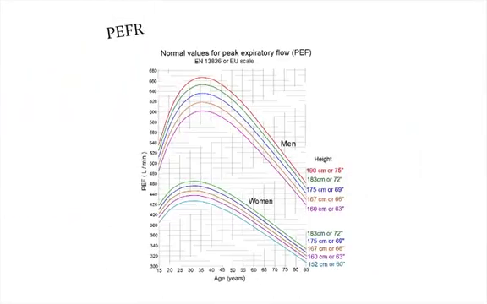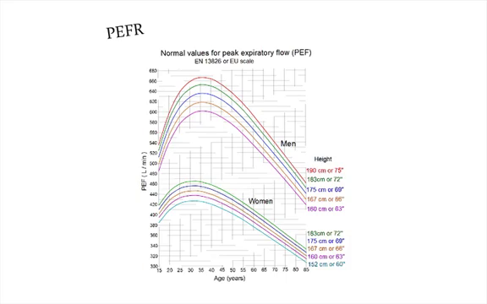Okay, this is peak flow. On this peak flow chart, you can see there are different values for men and women, and it's based on your height and your age. So different lines for age. Okay, let's do me. Laser pointing not very good. I'm 26, unfortunately, nearer to 30 than I am 20. So I'm 26 up here. I'm a man, and I'm probably about 177 centimetres, so I'll use 175.